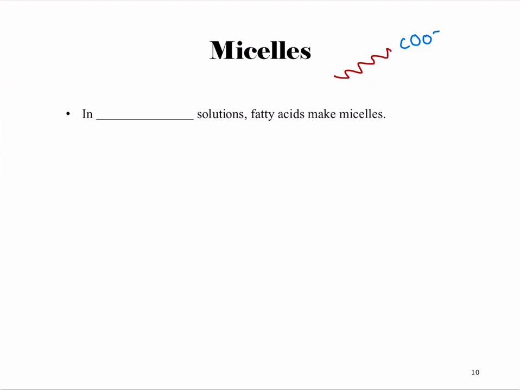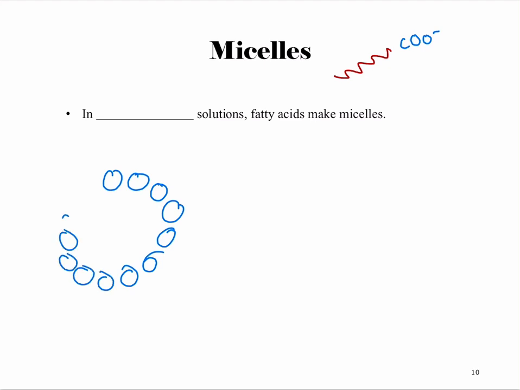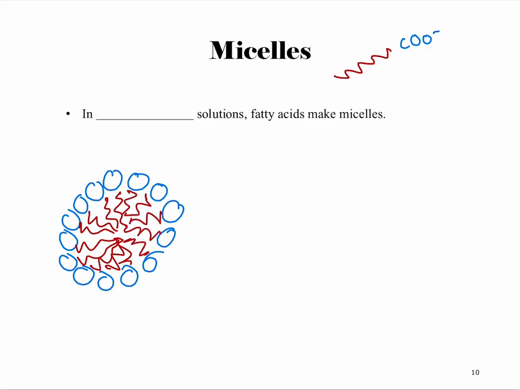Basically, what a micelle is, if I was to draw it, is a single layer of fatty acids like this, where the color coordination is the same as what I drew in the upper right-hand corner.